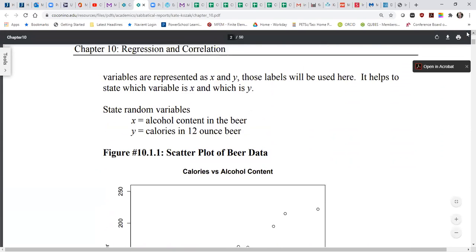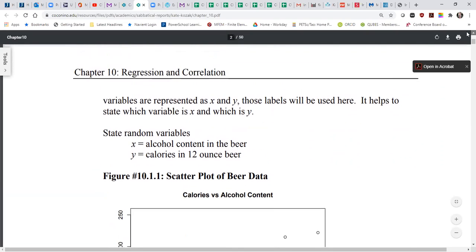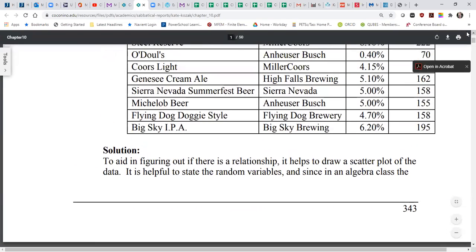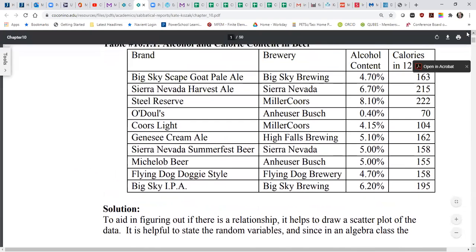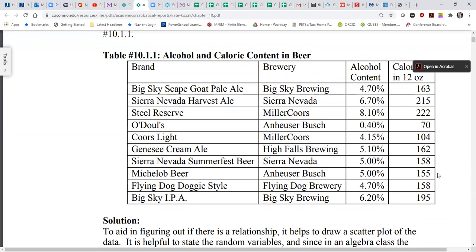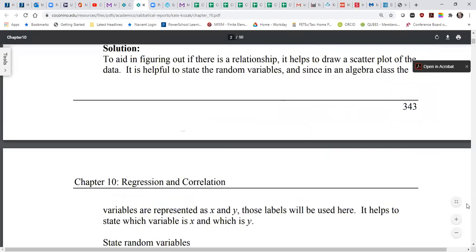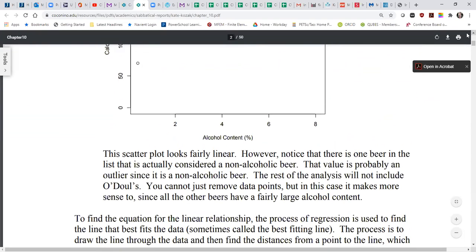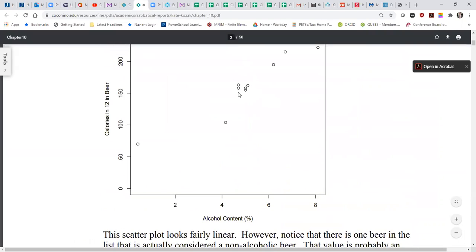You can use Excel to draw this picture, or you can use the R program. I think the book is using the R program. You can see 4.7 is 163 and 158, so these two numbers are almost the same. You can see from the picture that the two points are close to each other.